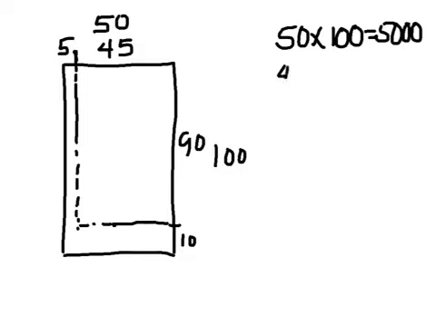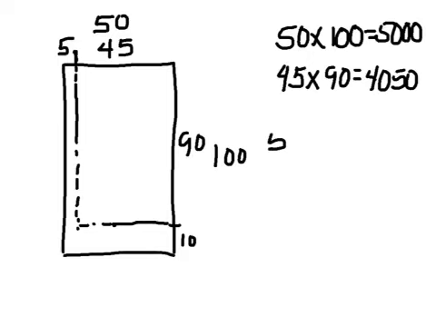Okay, so 45 times 90 equals 4,050. Okay, so what does that represent? 5,000 is our original amount, and 4,050 is our subsequent amount.